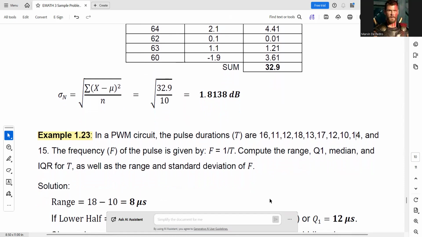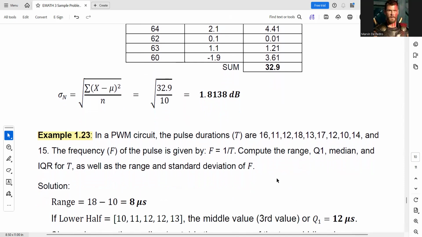So the Q1 is located on the first half of the lower range. Okay, so I guess we have to write the values. From the lowest, we have 10. So 10.